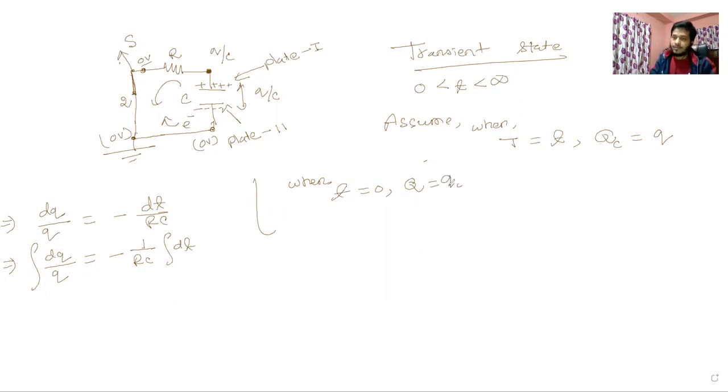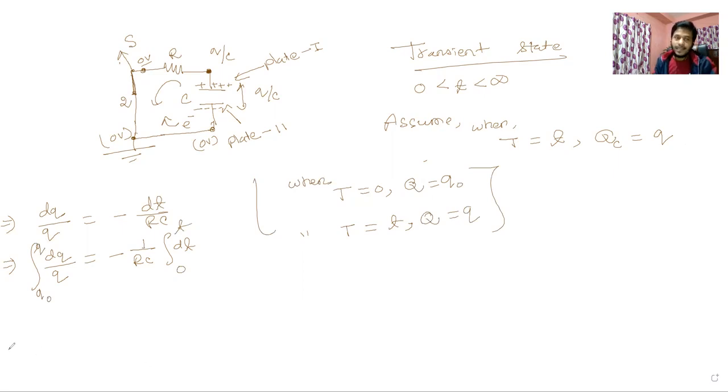Let us denote the time with capital T. When time is t, what is the charge on the capacitor? It is a small q. So we can take the limit in this way: 0 to t, and q naught to q, isn't it?